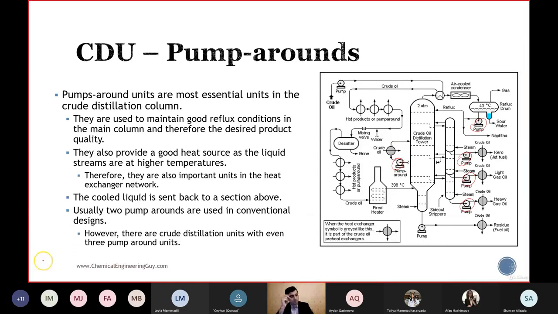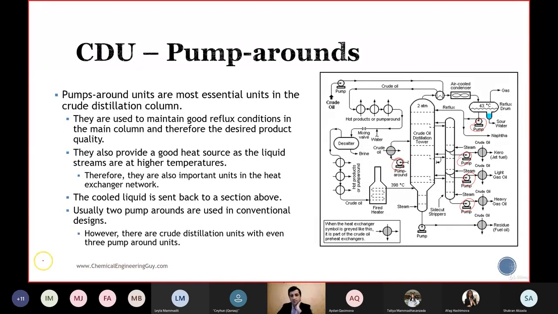I think, for example, we have higher pressure inside the trays and lower pressure at the reflux, and we have a pressure gradient, and to overcome this gradient, we need to pump it from low pressure to high pressure.